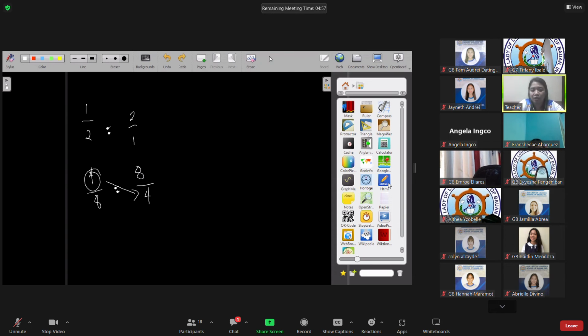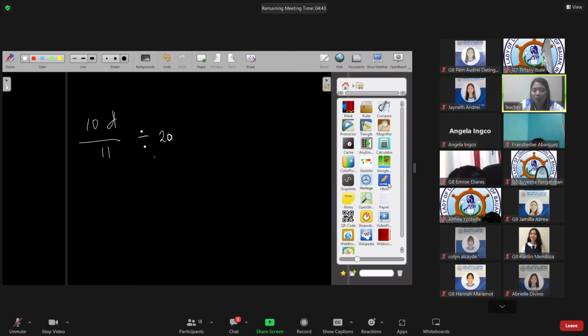In this example, we have 10d over 11 divided by 20. So this is our example of division on rational expression. So sabi dito, replace the divisor with its reciprocal. So we retain our dividend, which is 10d over 11.